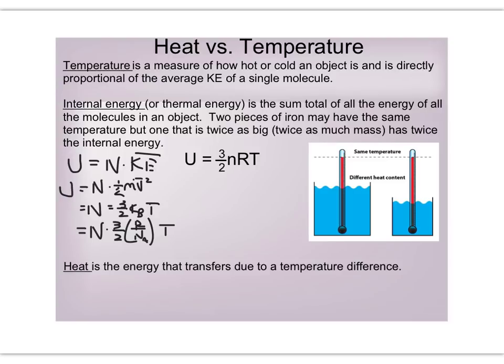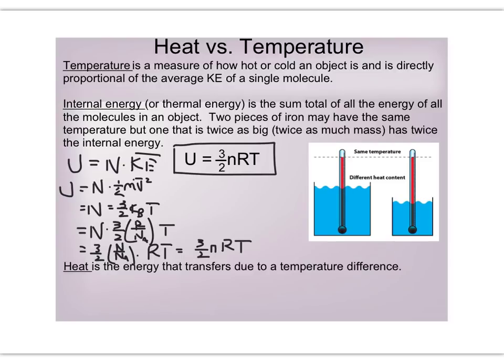If I redistribute this whole thing, I end up getting 3/2 times N, the number of molecules, over Avogadro's number, times R times T. N over N_A, the number of molecules over the number of molecules per mole, is going to give you the number of moles. So I'm going to get 3/2 nRT, which is where this equation comes from.